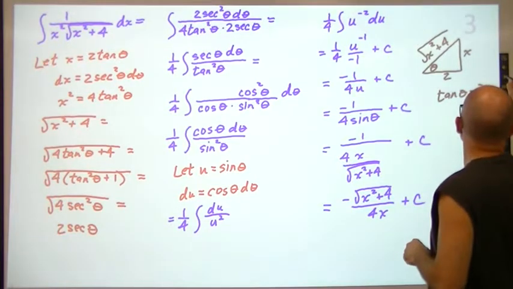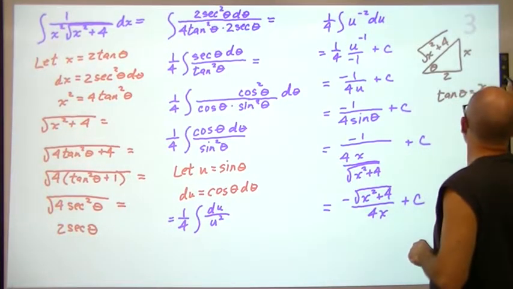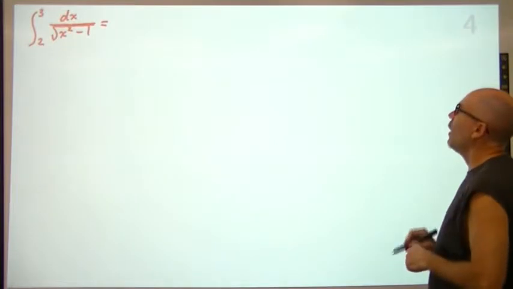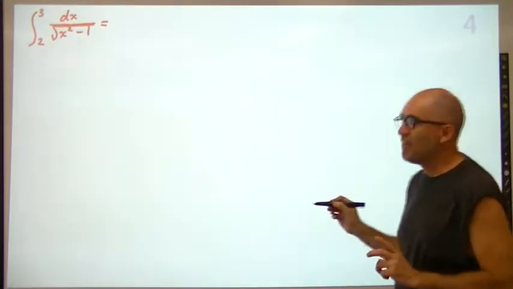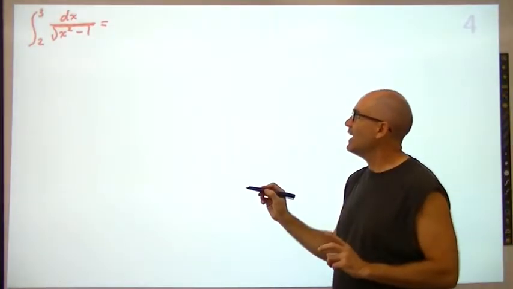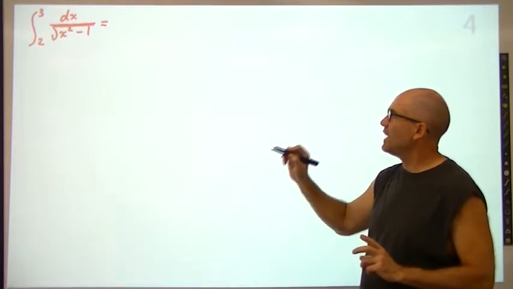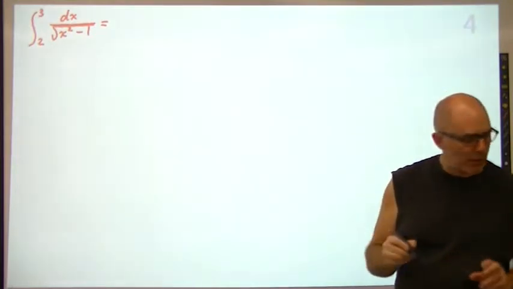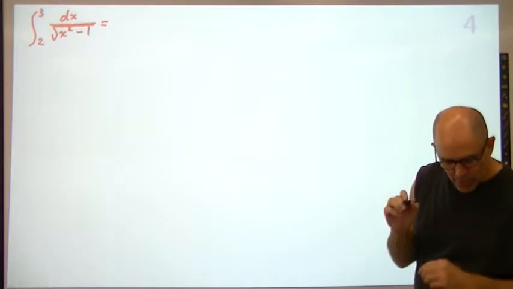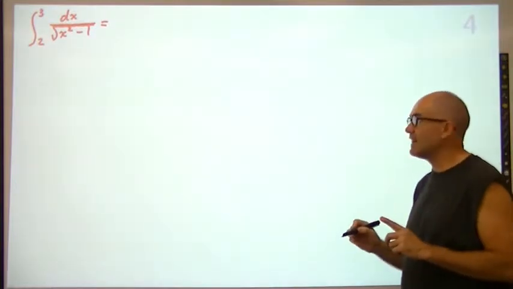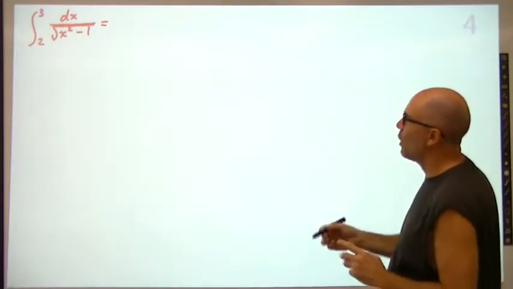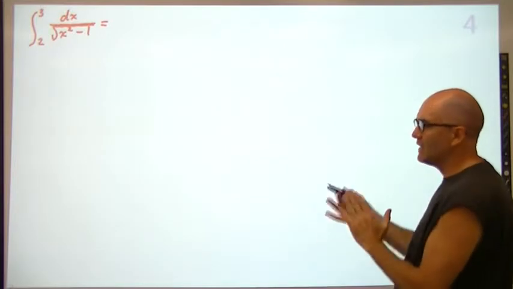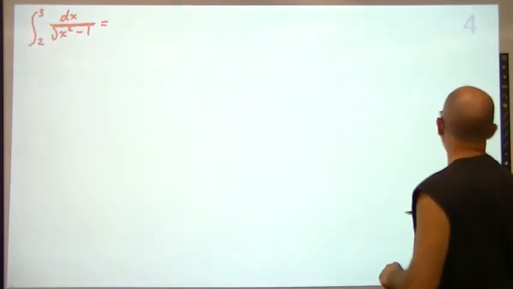We have a definite integral, and we've got the x squared minus a squared. So this time, we're going to let x equal secant theta. And notice it's a 1, so it's a secant theta will be 1 times secant theta.